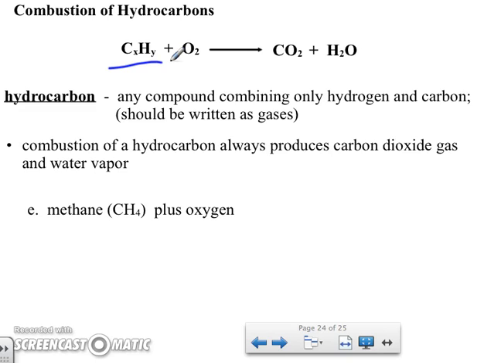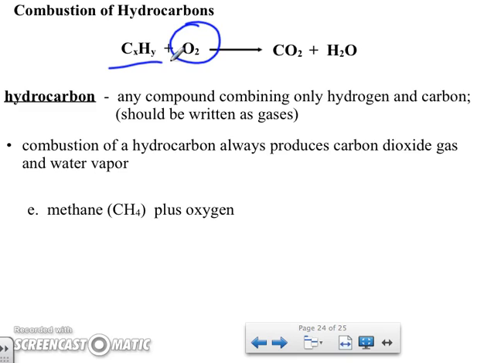It contains only hydrogen and carbon, and it's being combusted, or combined, with oxygen gas. It says here combustion of a hydrocarbon always produces carbon dioxide gas and water vapor. This is very, very simple.